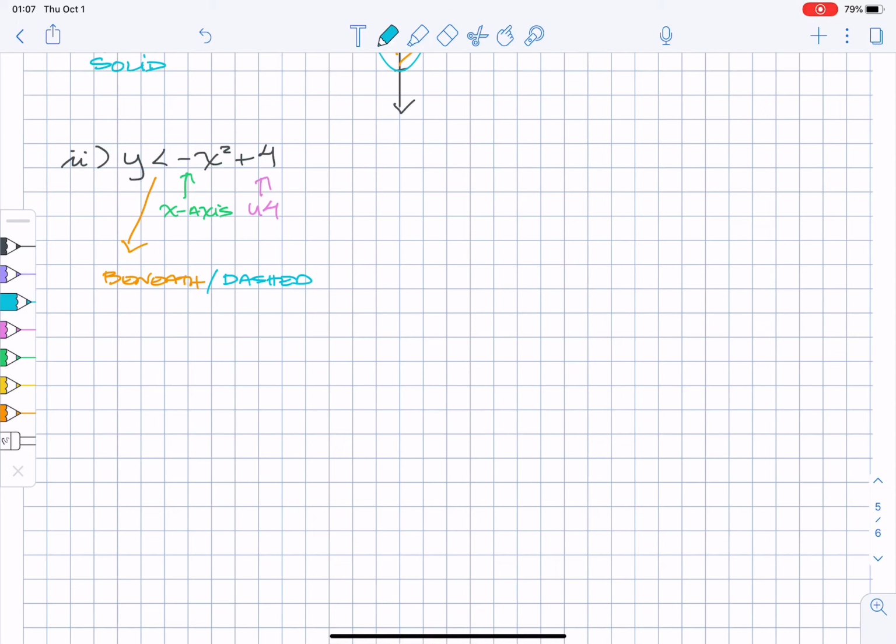Okay, so let's go ahead. X and y coordinate axes. Okay, so it's opening downwards and up 4, not down 4.